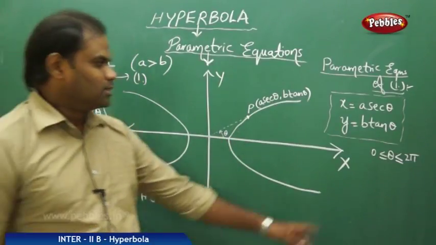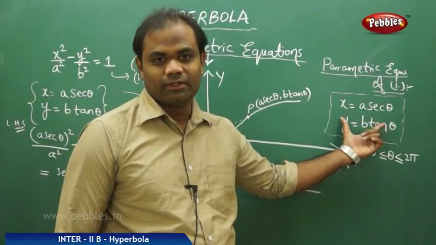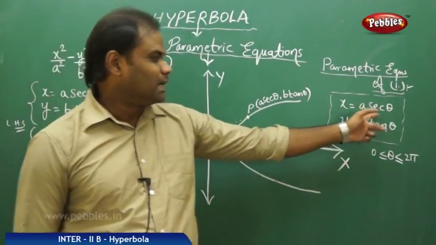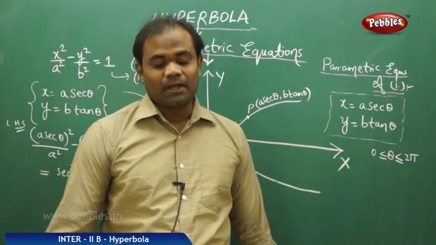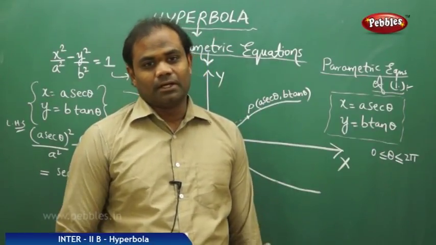So theta ranges from this, and the parametric equations of the hyperbola in standard form are x equals a secant theta and y equals b tan theta.